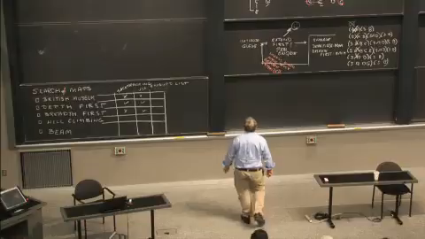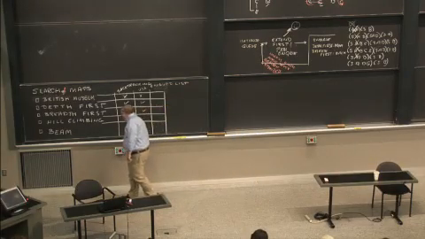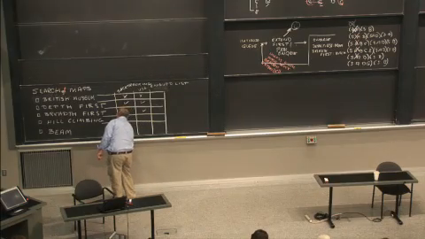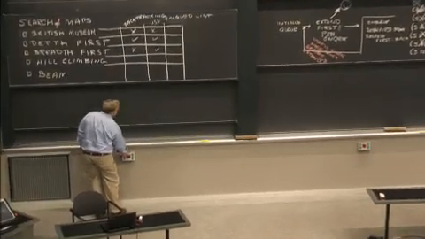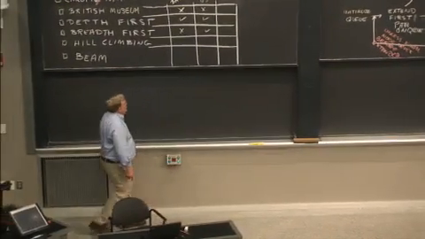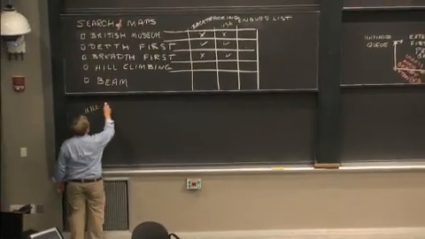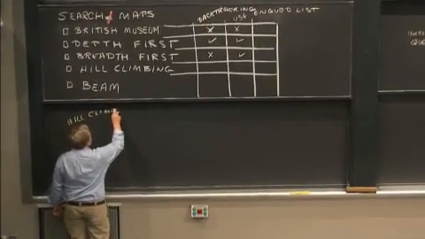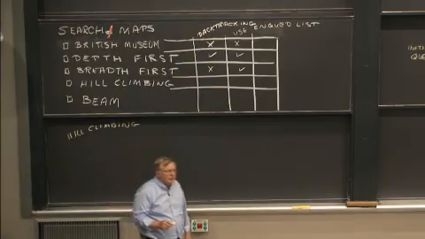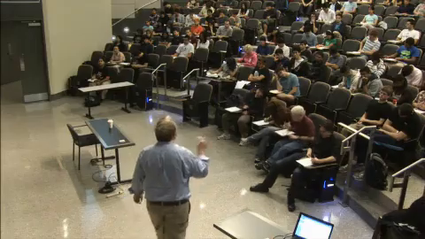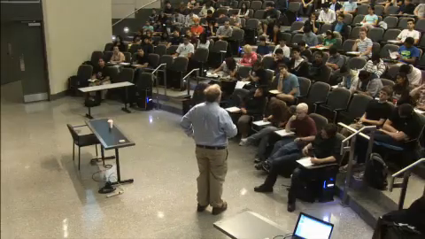And as soon as we add that to what we're doing, we have another kind of search which goes by the name of hill climbing. And it's just like depth first search, except that instead of using lexical order to break ties, we're going to break ties according to which node is closer to the goal.